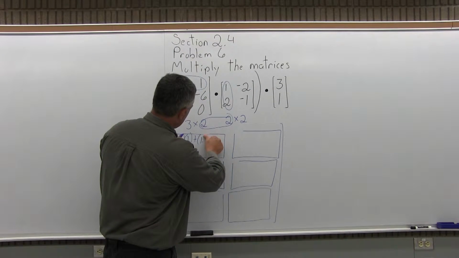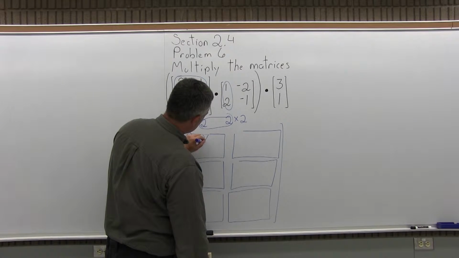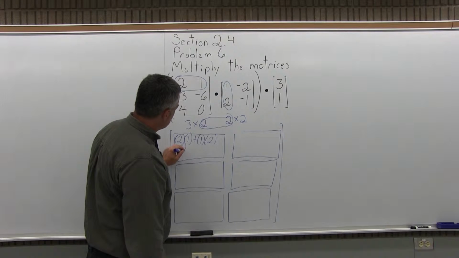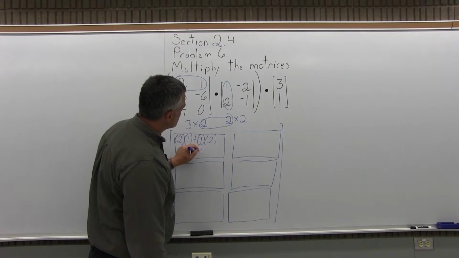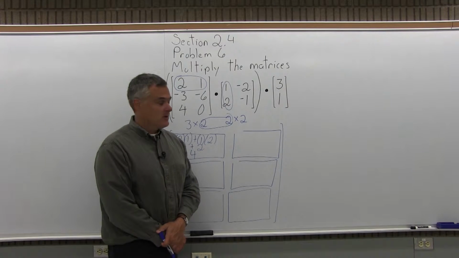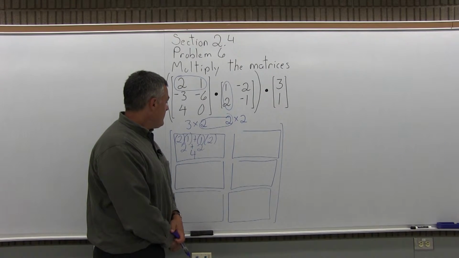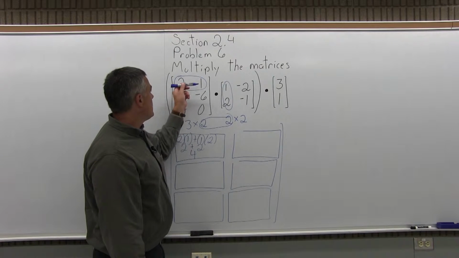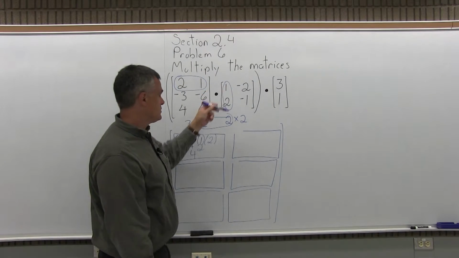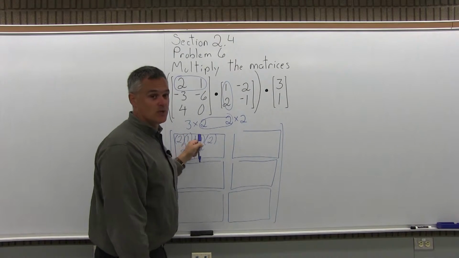First times first, 2 times 1 is 2. Second times second, 1 times 2 is 2 again. 2 plus 2 is 4. And again, where did I put that answer? I multiplied the top row of the first matrix times the first column of the second matrix, got the solution, and put it in the top row and first column of the matrix.